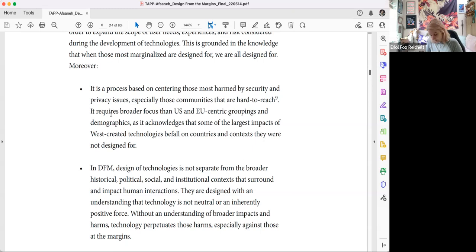And then the last one there is not separate from the broader historical context, but it's this section, I think, that is without an understanding of broader impacts and harms in technologies.